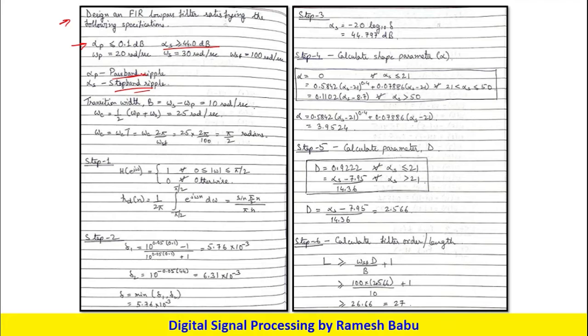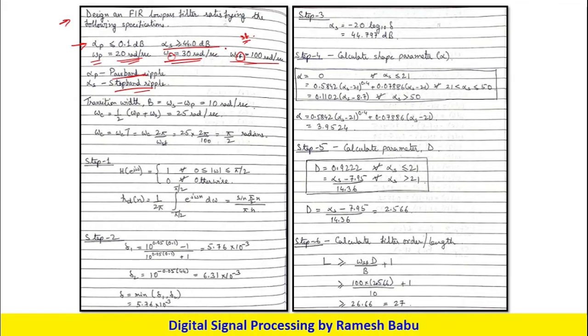Alpha P is the passband ripple. Omega P, the passband frequency, is 20 radians per second. Omega S is the stopband frequency, 30 radians per second. Since we have used S for the stopband, here we are giving SF as the sampling frequency.